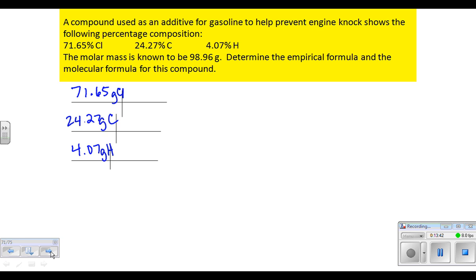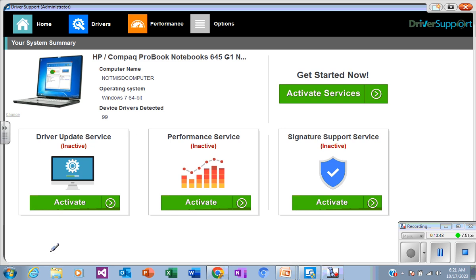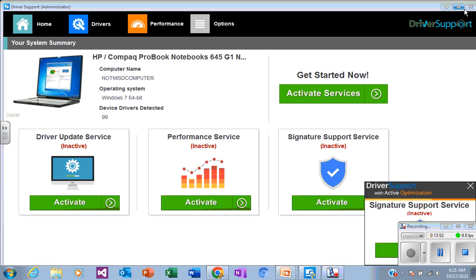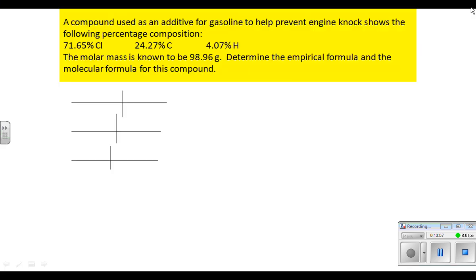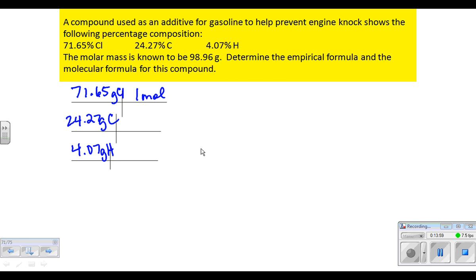We're then going to change each of these to moles, so 1 mole, because it's percent to mass. And then chlorine, as we've looked up before, is 35.45.